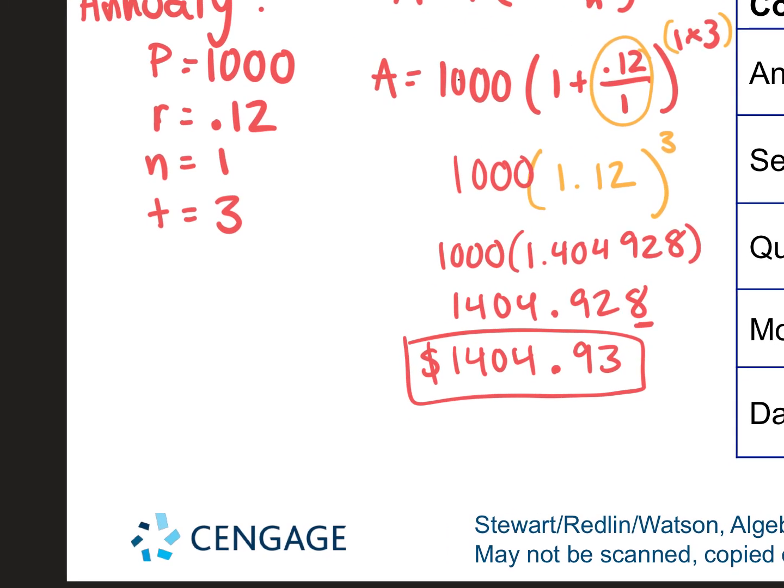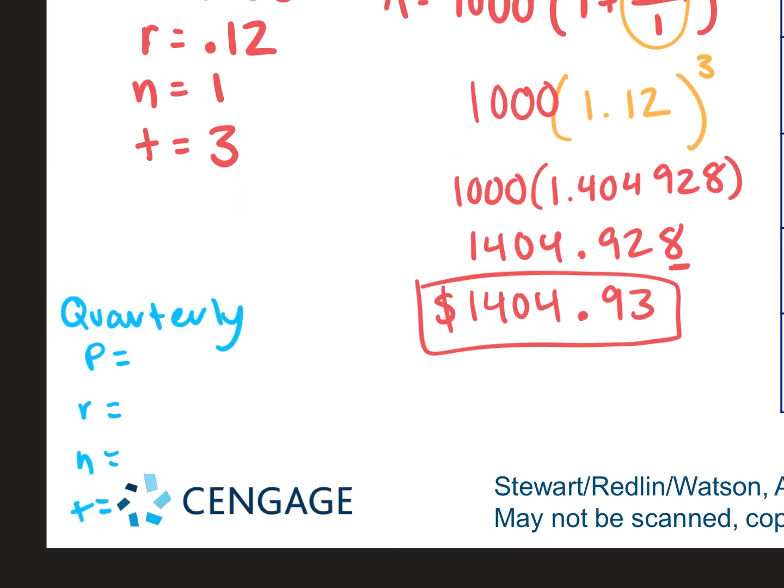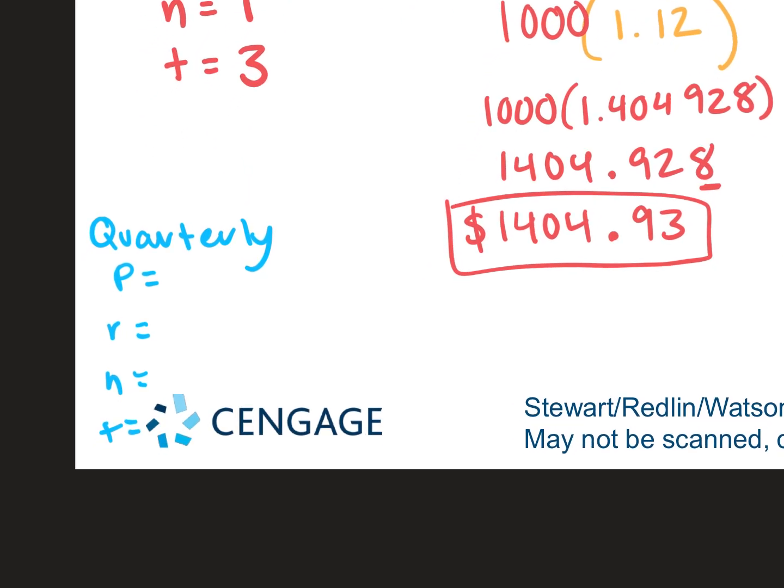Let's do quarterly next. So we need to find our P, R, N, and T. What's our P, our principal? 1,000. So we're using the same question, just now we are doing quarterly. What's our R? 12%, but what's that as a decimal? 0.12.